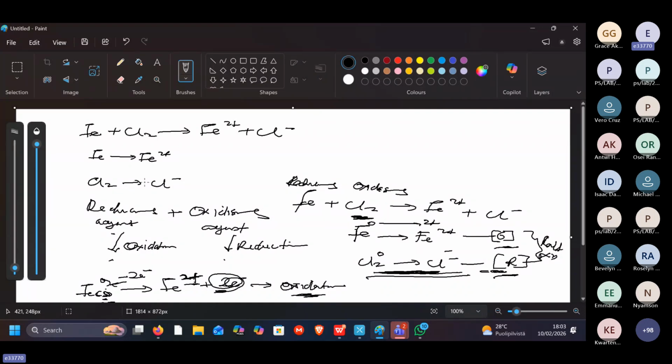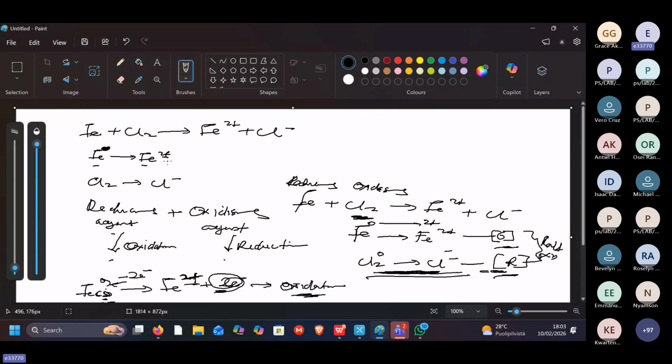So for example, if I have Fe going to Fe2+, the element Fe is balanced. But if you look at the oxidation state, on the reactant side the iron is 0, and on the product side the iron is +2. How do I balance it?